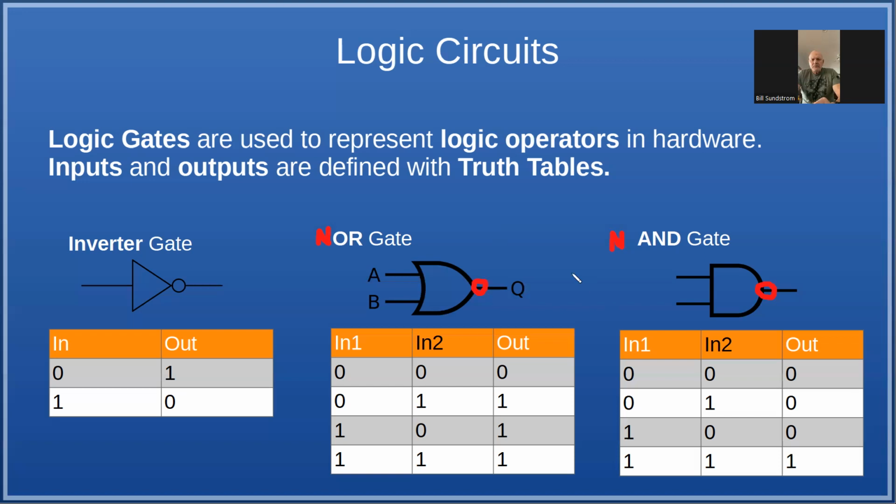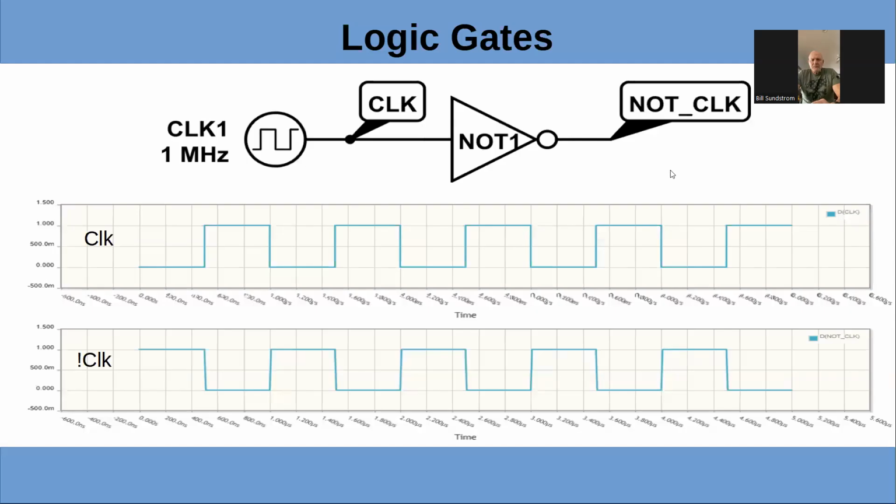And if there are two inputs, then you just need these four states, and it's fairly easy to remember the difference between an OR gate and an AND gate.